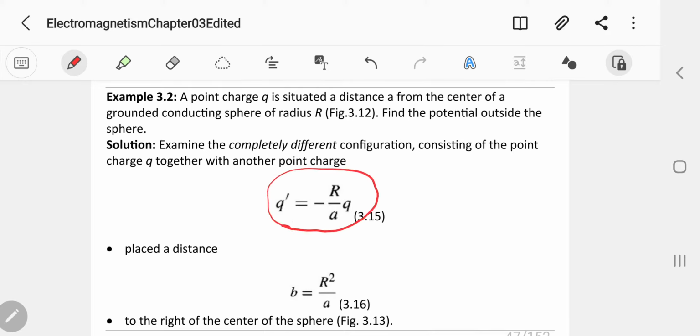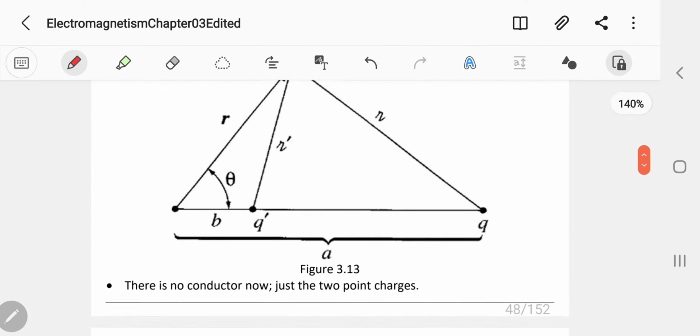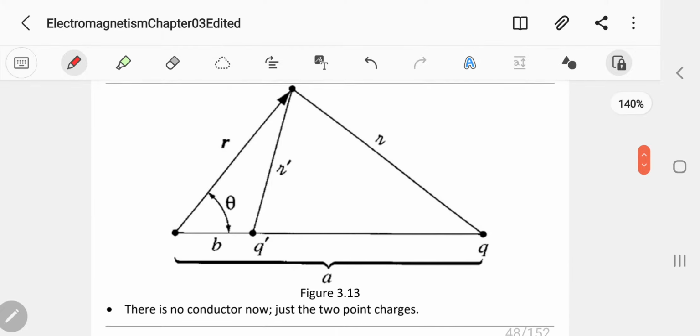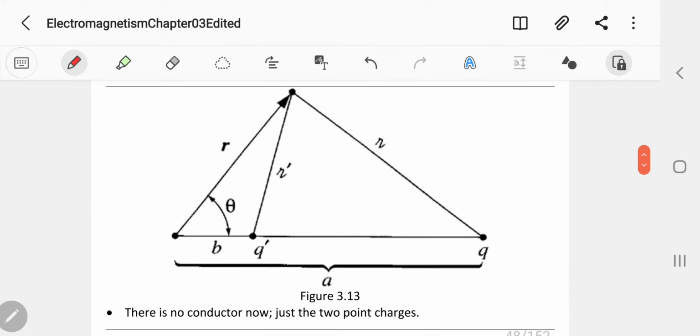We place it at a distance equal to this. So in this case, you have this figure. We can draw the sphere here. This is called the image charge.